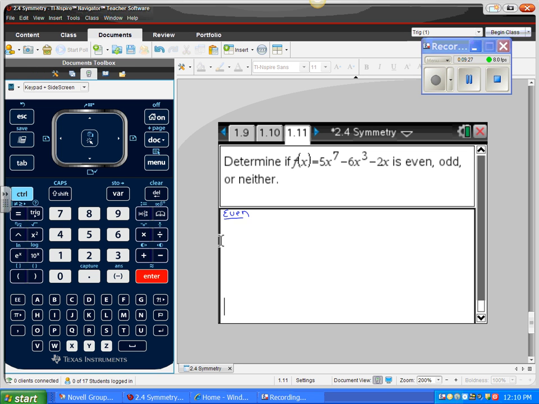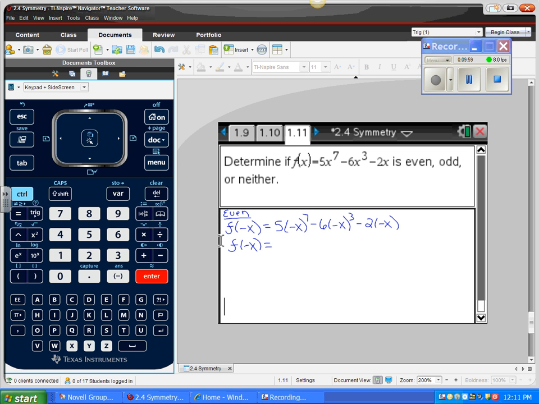You always have to start somewhere, right? To determine if it's even, we said that we're going to plug in a negative x. So we want to know, does f of negative x equal f of x? That's the question. Okay? So we're taking f of x and we want to find f of negative x. So everywhere we see an x, we plug in that negative x, and we see what we get.